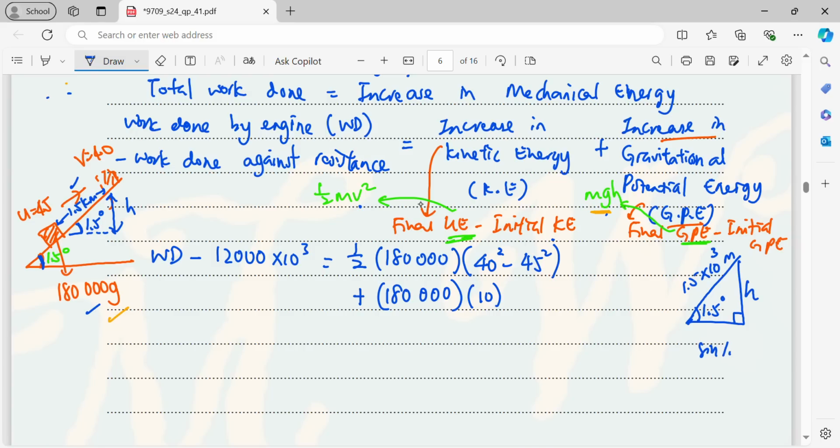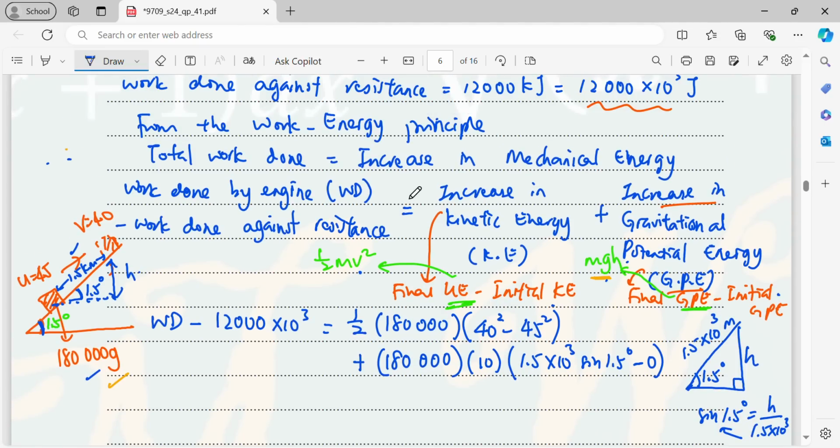So I will write sine 1.5 degrees equals h over 1.5 times 10 power 3, which means my h is going to be a multiplication. So my final h is going to be 1.5 times 10 power 3 sine 1.5 degrees. Then I minus the initial h. I treat this as 0 because my h is counted from the initial position, so h equals 0.